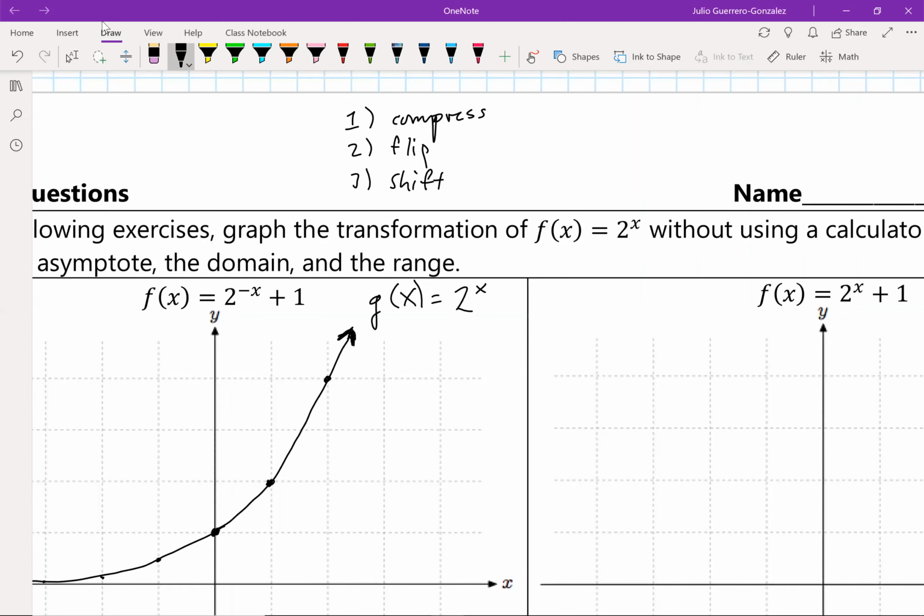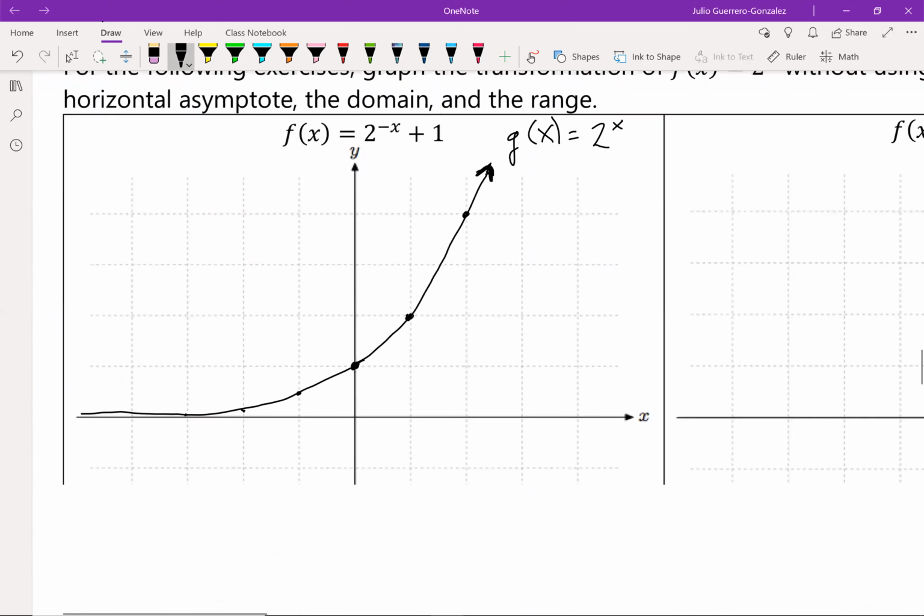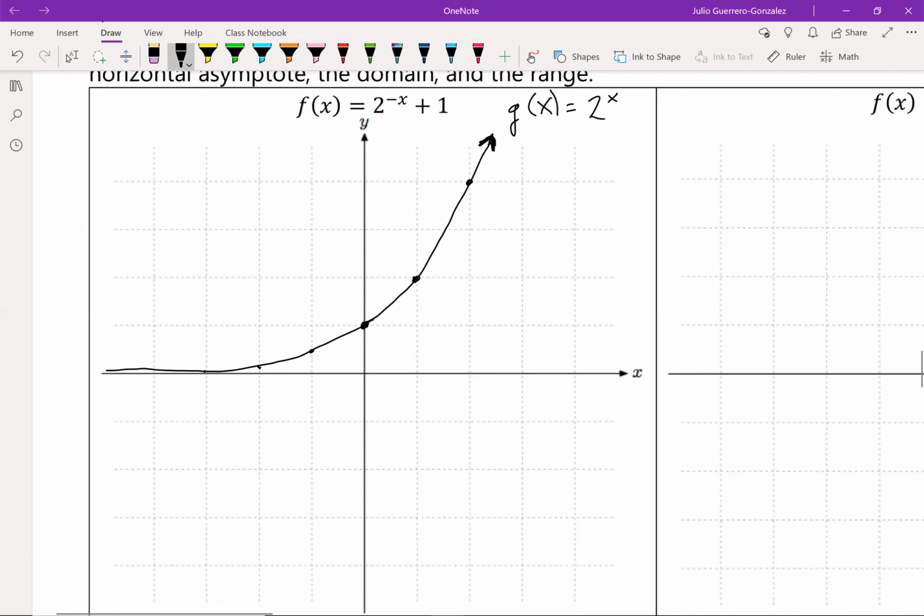The first one, you would want to compress. Whatever compressions happen, make it happen first. After that, do the flips. And after that, do the shifts. So here is the initial function, right? All of it is based off of this one right here, and that's the one that I just graphed. Cool?